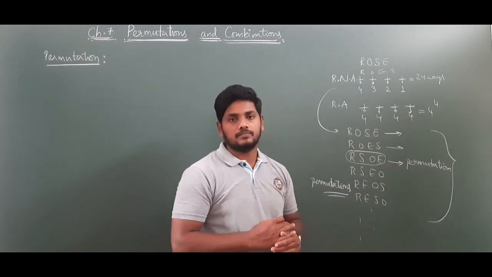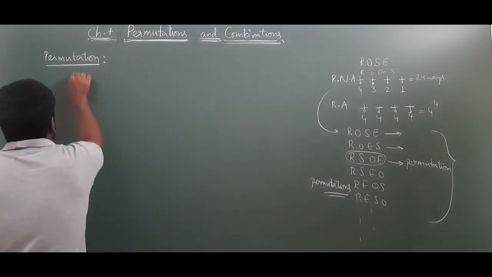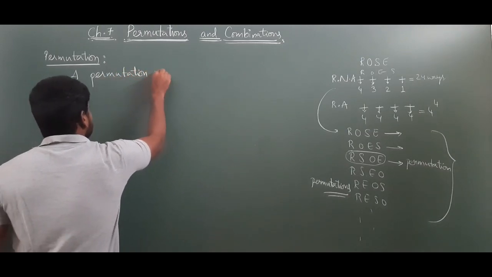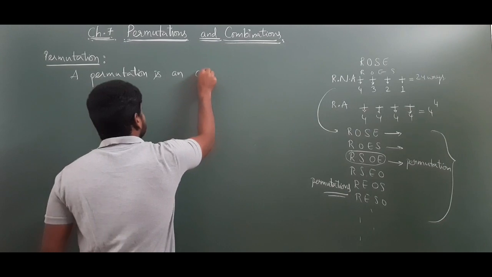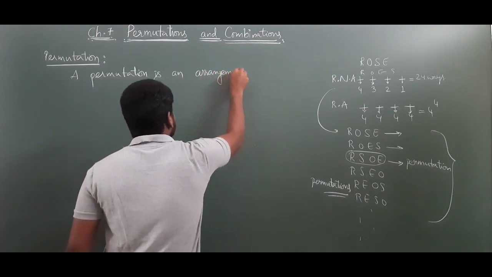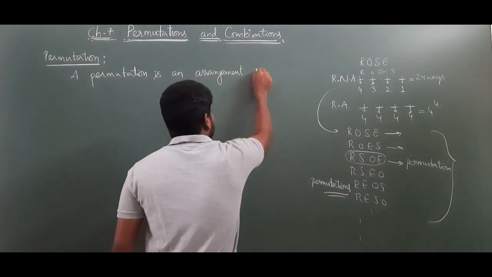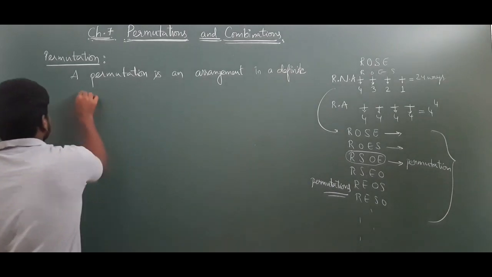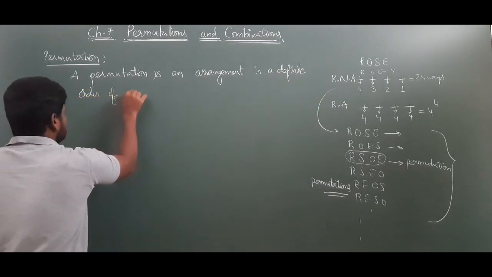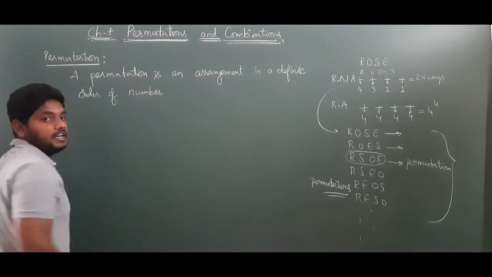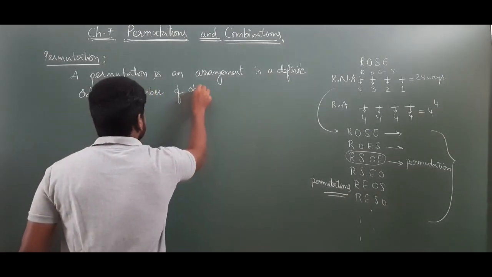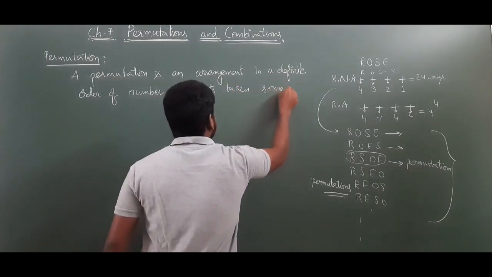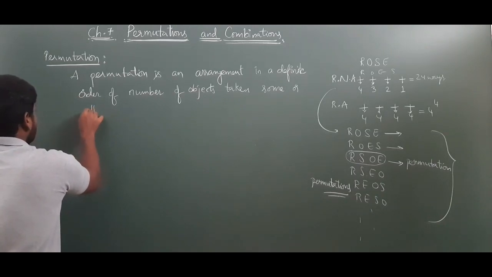In terms of theory, a permutation is an arrangement in a definite order of a number of objects taken some or all at a time.